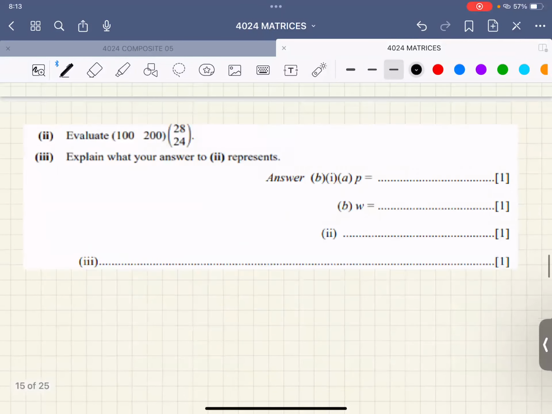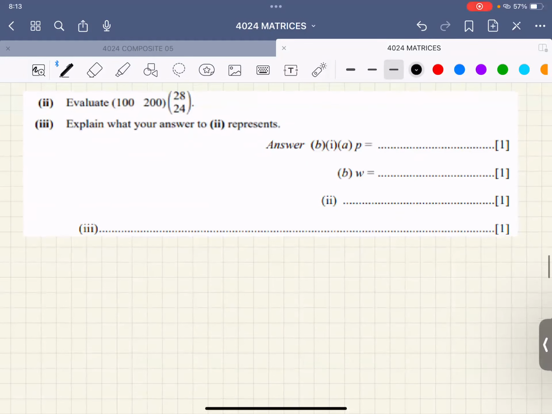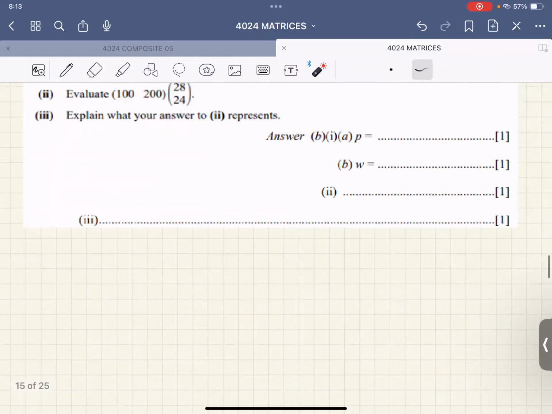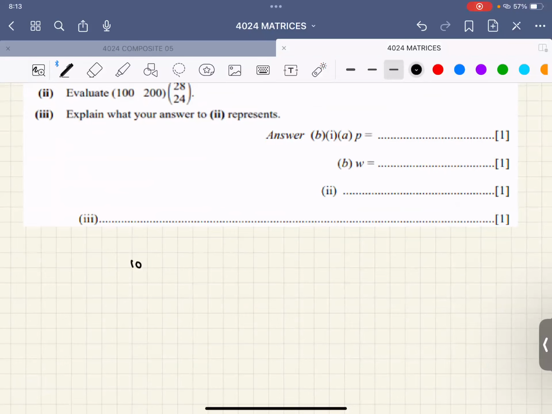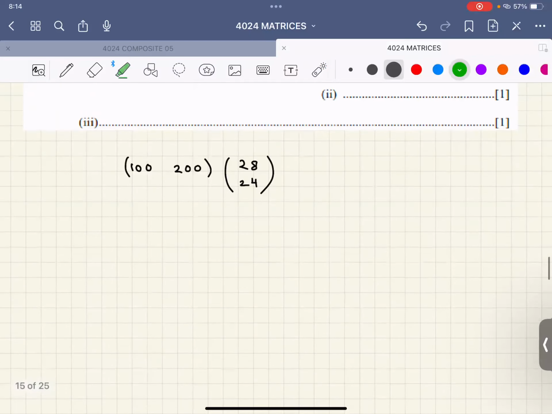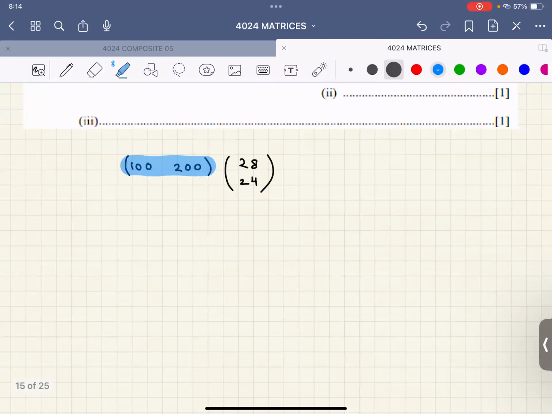It's a beautiful question. And then it says, evaluate this thing. 100, 200, 28, 24. Explain what your answer to part 2 represents. So now 100, 200, and this is 28, 24. So again, this is row, this is column.